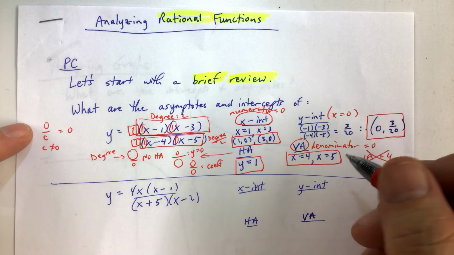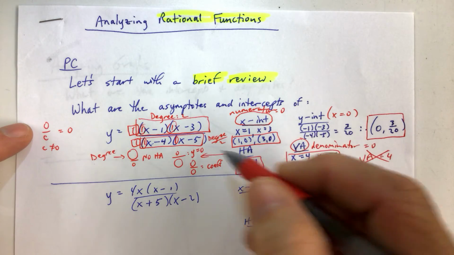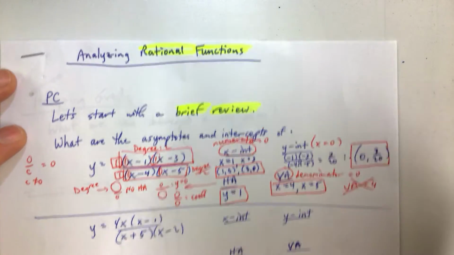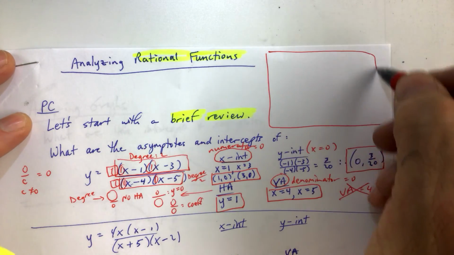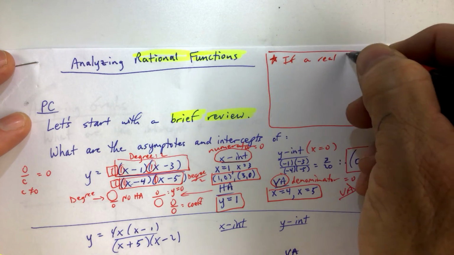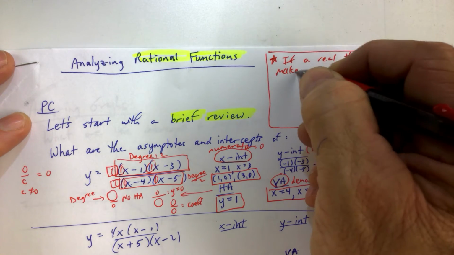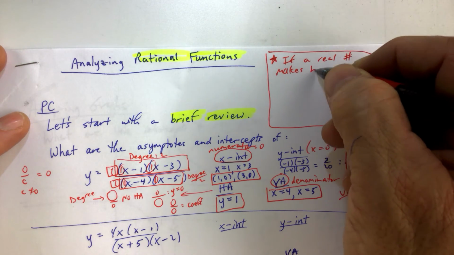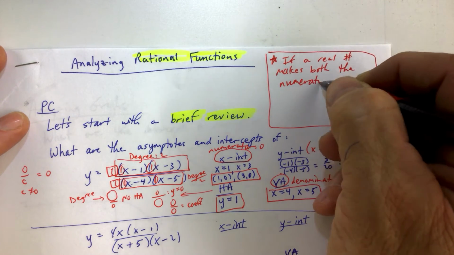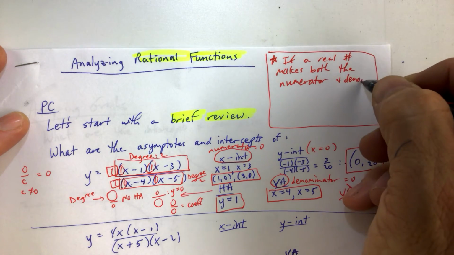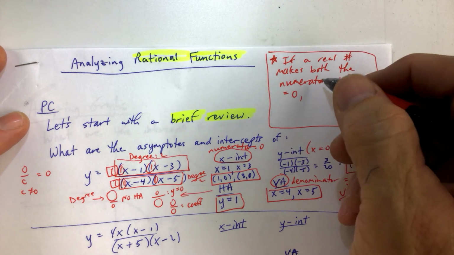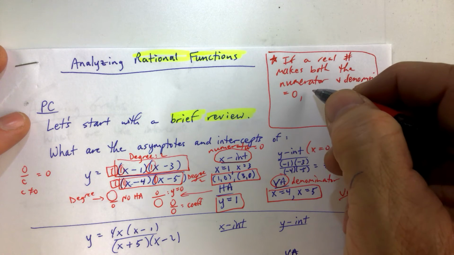We're going to get to later what happens when an x value makes both the numerator and the denominator equal to 0. Well, let's go ahead and talk about that now. If a real number makes both the numerator and the denominator equal to 0, it's not an x-intercept, not a vertical asymptote.